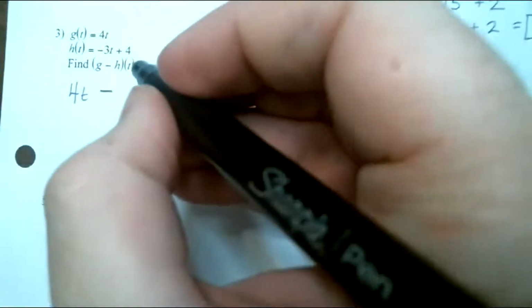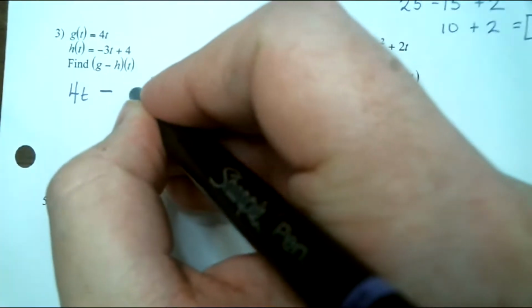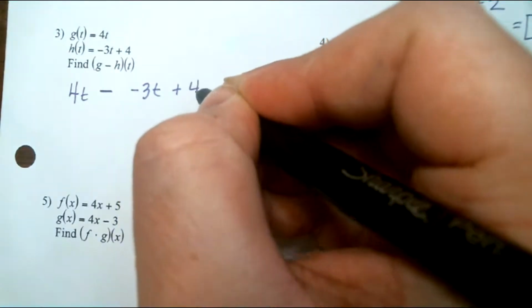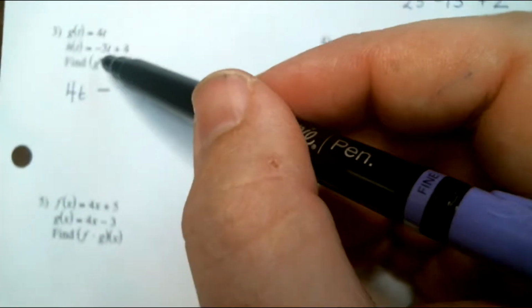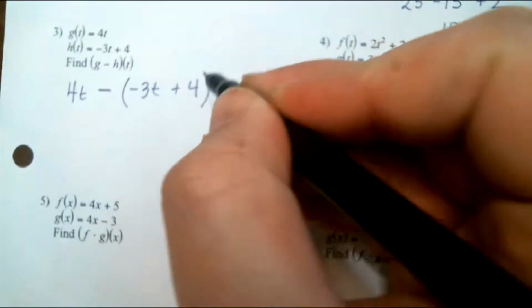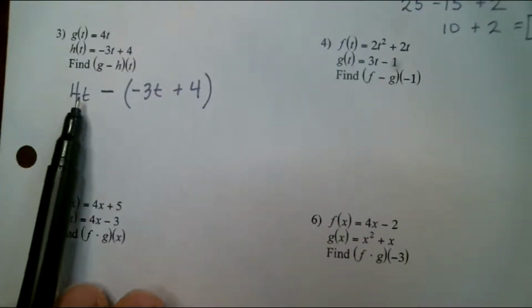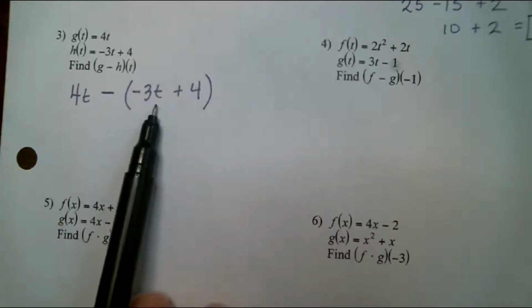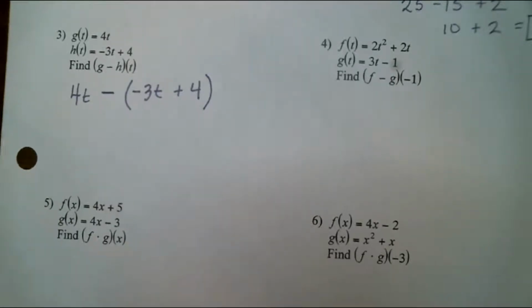Minus h of t, which is negative 3t plus 4. But since this is g minus h, I'm going to have to put this in parentheses, because that's saying g of t minus all of h of t.